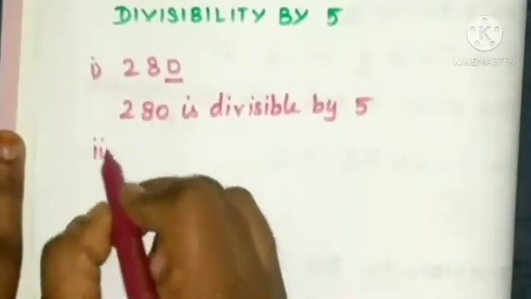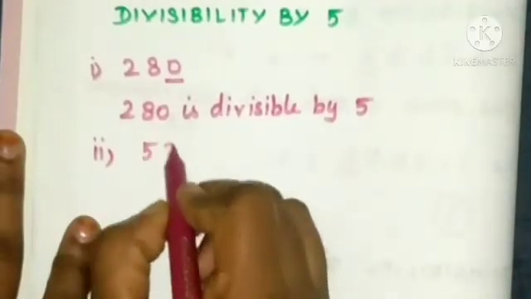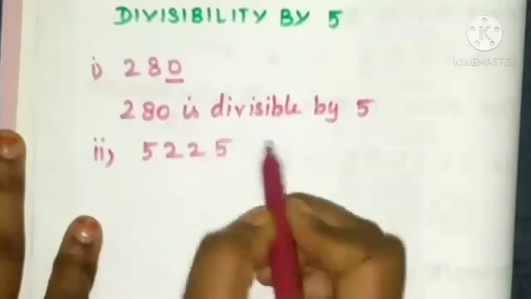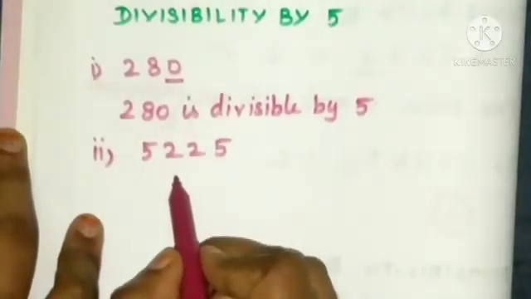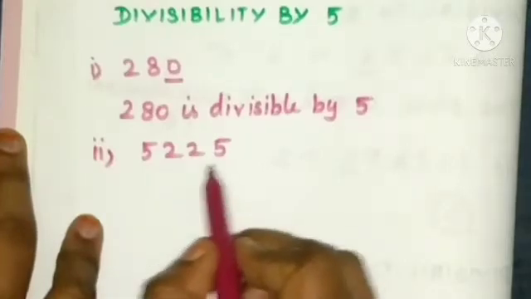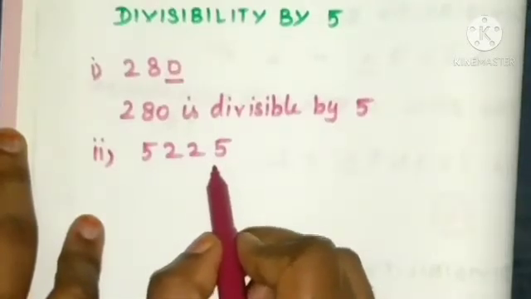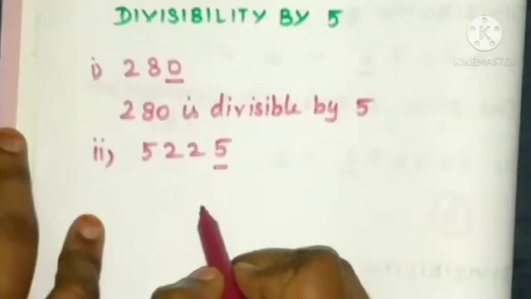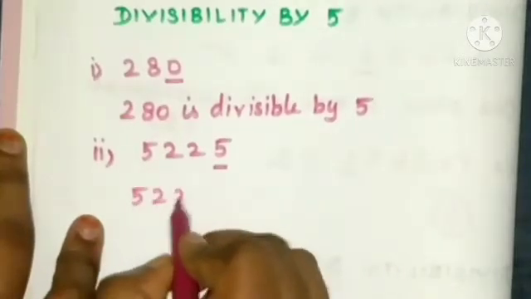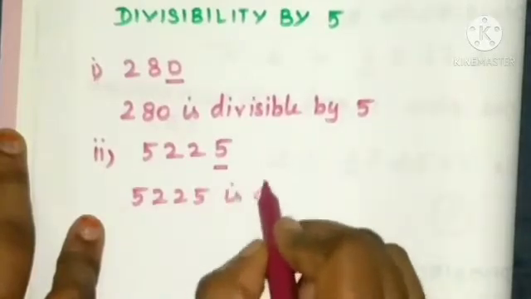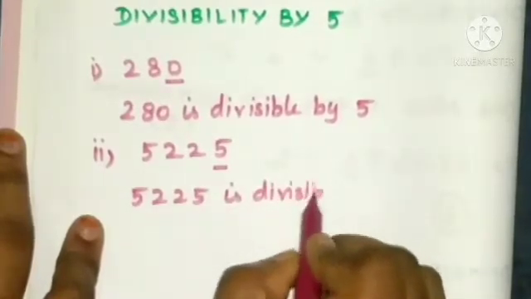Let's see one more example. 5225. You have to check whether it is divisible by 5 or not. By using the rule of divisibility by 5, the ones place is either 0 or 5. Here the ones place is 5. So 5225 is divisible by 5.